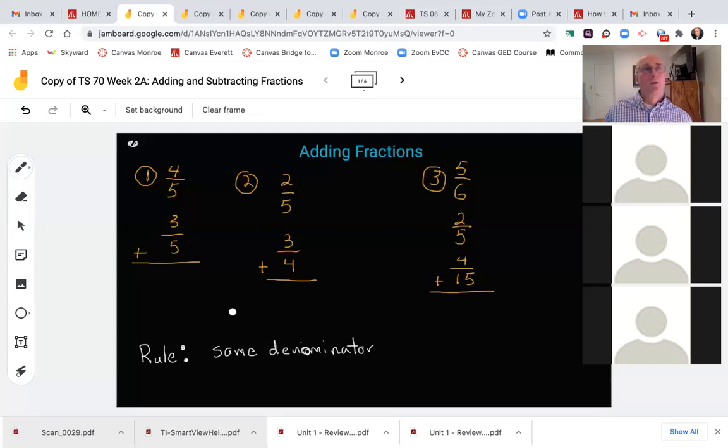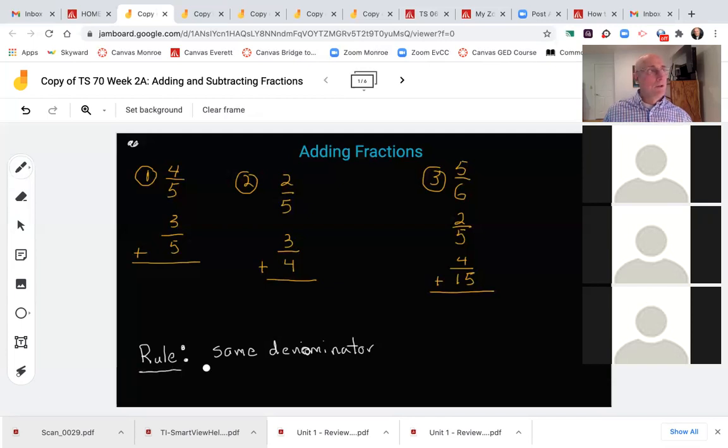It's important to write that down and remember that when adding and subtracting fractions, I can't do it until I get the same denominator. Once I get the same denominator, then I can add and subtract them. All right, so that's the rule for adding and subtracting fractions.